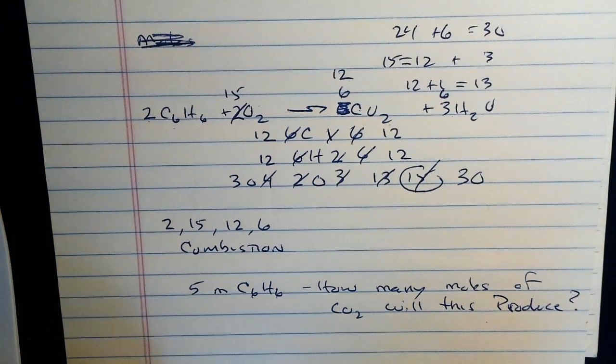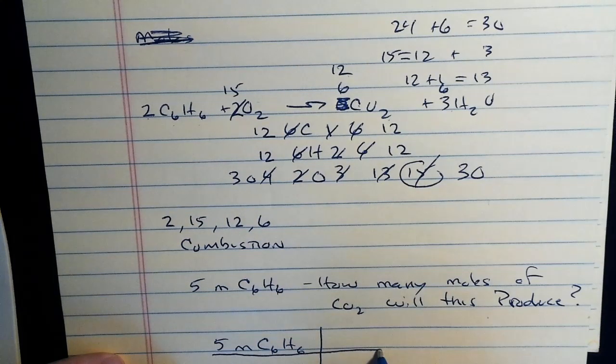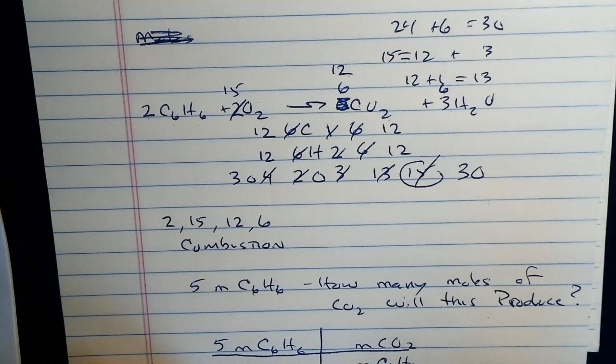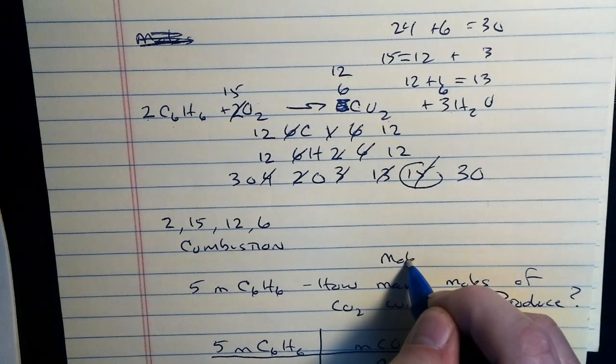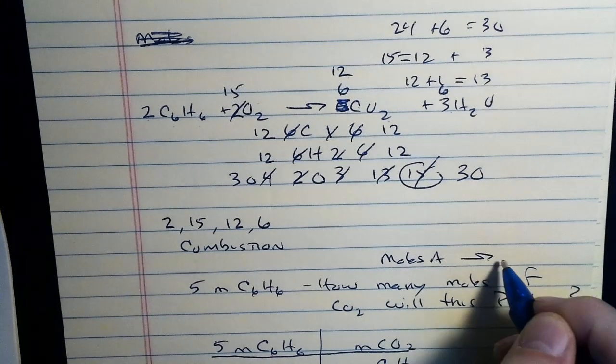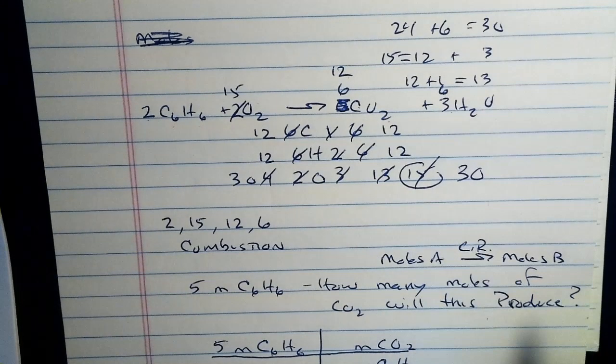So we're going to start with what we're given in any problem. So we got 5 moles C6H6, and we're going to put moles of C6H6 on the bottom, and moles of CO2 on top. And since this is a moles A to moles B problem, and we're using the coefficient ratio of the balanced equation, it's really rather simple.